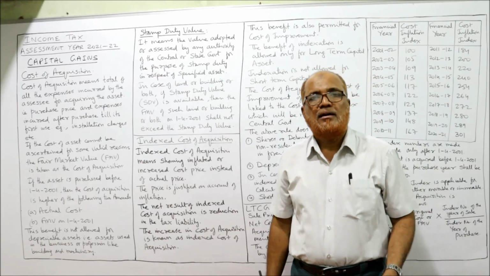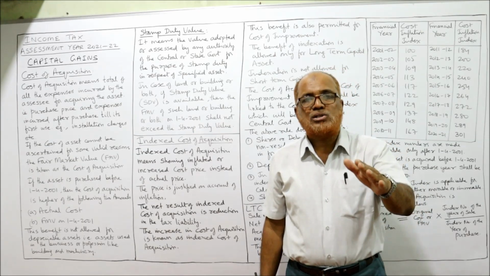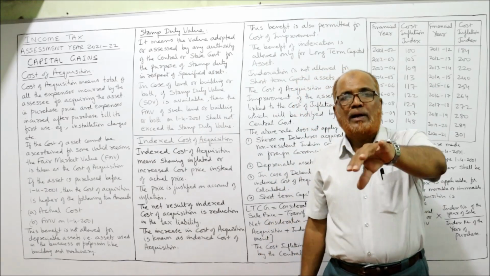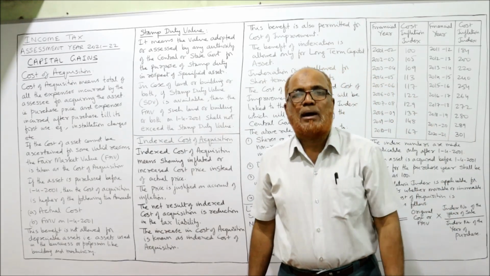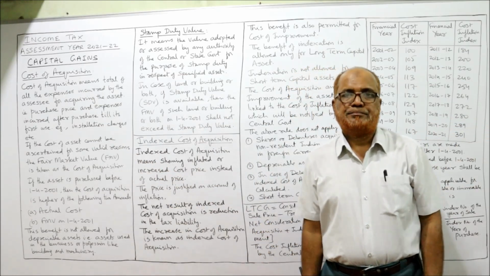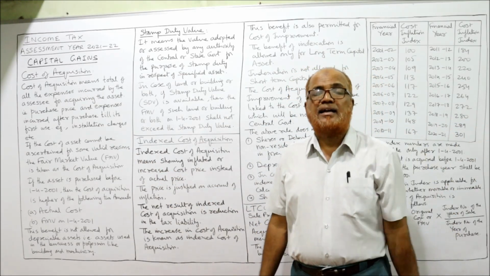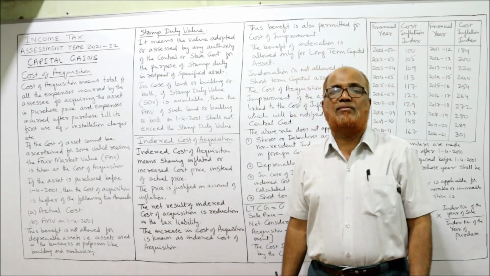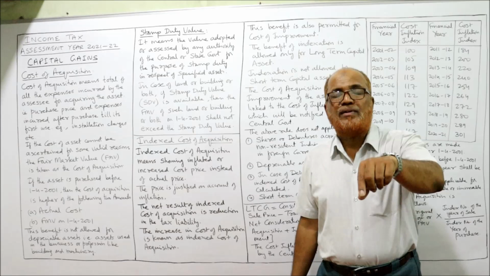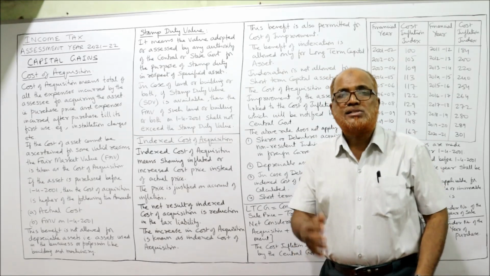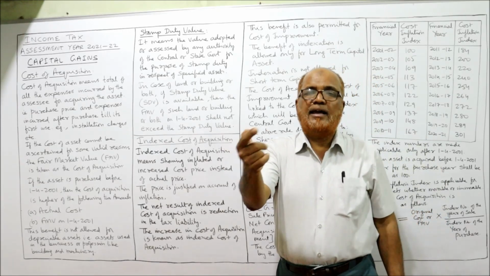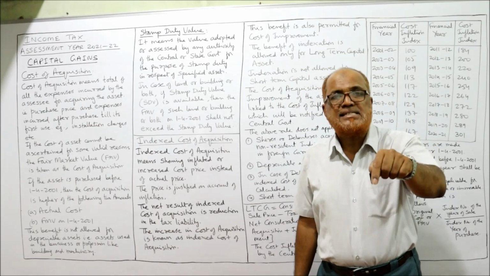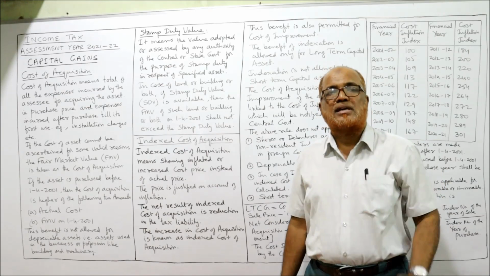I'll take the same example. 20 years back, the cost of the asset was 1 lakh. In the current year it is sold for 20 lakh. So 20 lakh minus 1 lakh, 19 lakh rupees is the capital gain without indexing. Suppose the indexed cost of acquisition is given as 10 lakh. Then selling price 20 lakh minus indexed cost of acquisition 10 lakh is 10 lakh rupees capital gain.